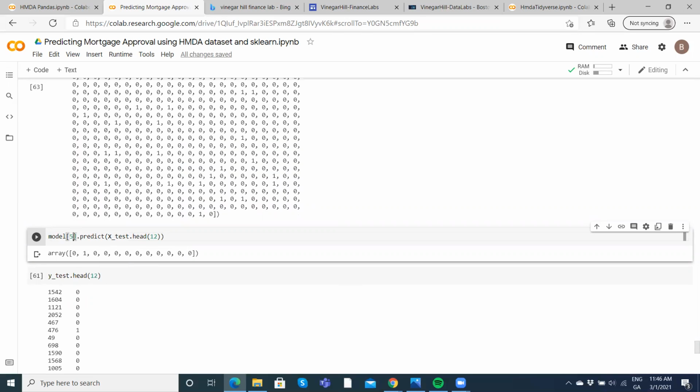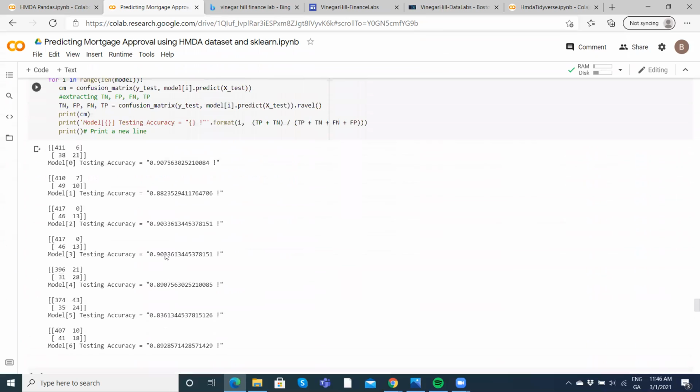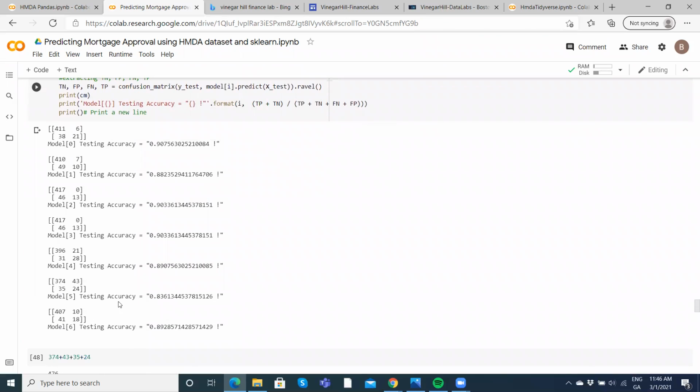And then the random forest here, just taking the first 12, is getting it correct. Okay, so random forest seems to be quite good in terms of picking those, but then overall, when we look, logistic regression had more true positives, right?